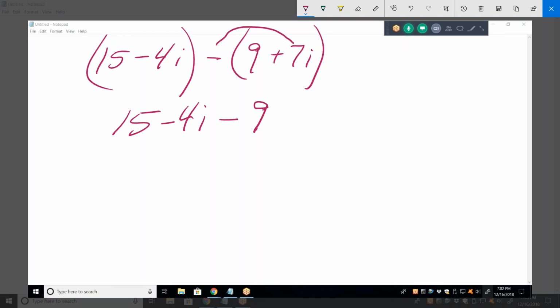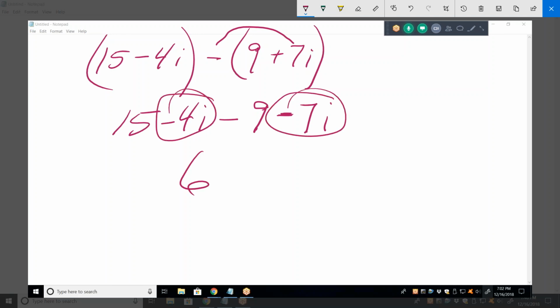This minus sign has to apply to that also, so it becomes minus 7i. And now you combine like terms. 15 minus 9 is 6. Minus 4i minus 7i is minus 11i. Either method is valid and works. The one mistake that everybody makes is they don't apply that negative sign to that term. In other words, had that been a minus 7i, now when I applied it, it becomes a plus 7i.